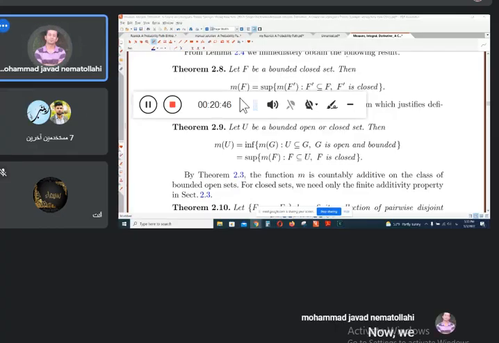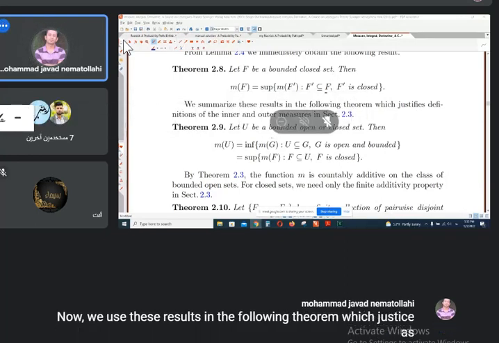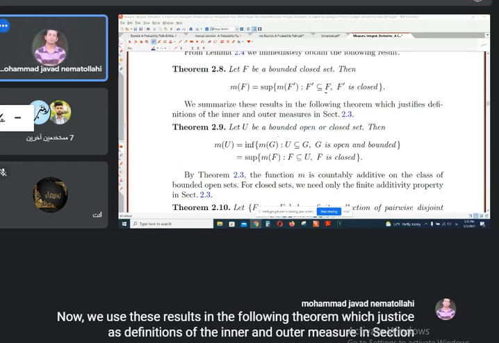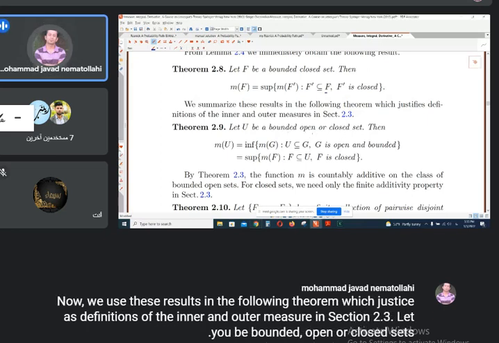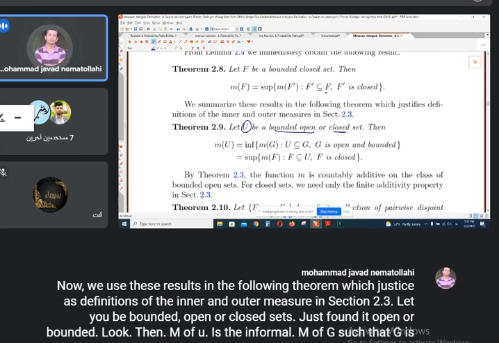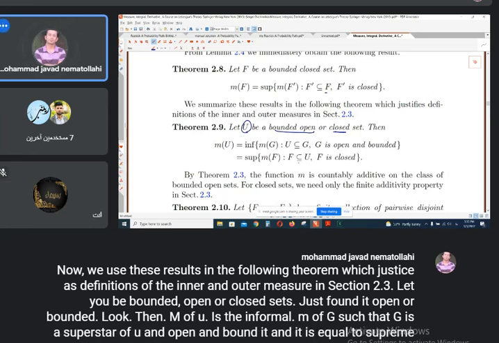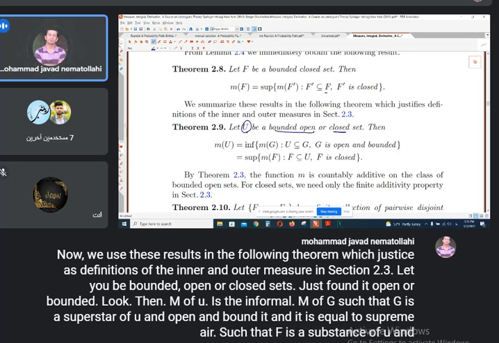We use these results in the following theorem, which justifies definitions of the inner and outer measure in section 2.3. Let U be bounded open or closed sets. Just bounded open or bounded closed. Then M of U is the infimum of M of G, such that G is a superset of U and open and bounded, and it is equal to the supremum of M of F, such that F is a subset of U and F is closed.